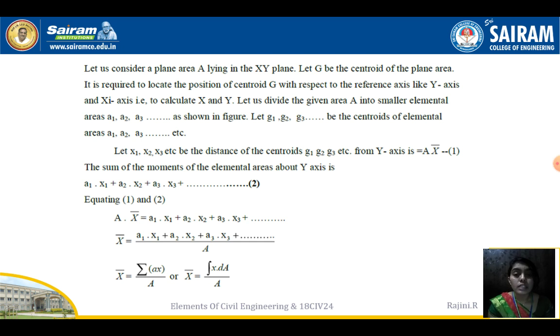Let us divide the given figure, as I told, into small areas, A1, A2, A3, like that. Next, we are marking all the distances like x1, x2, x3 for all A1, A2, A3, and y1, y2, y3 distances for all A1, A2, A3 respectively. Equating equation number 1 and 2, capital A into x bar.